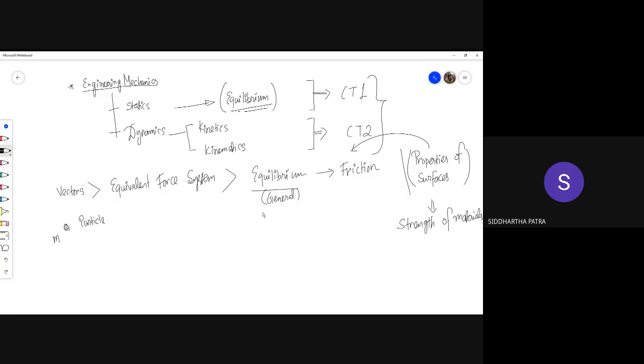For example, if you were trying to do the analysis of, let's say, dynamics or statics of planetary motion. Okay, so there is your sun, and let's say there is another planet that is performing a motion. Now the planet itself is much smaller compared to the path that it is taking.